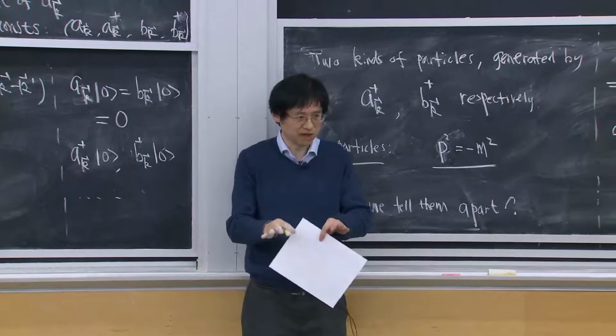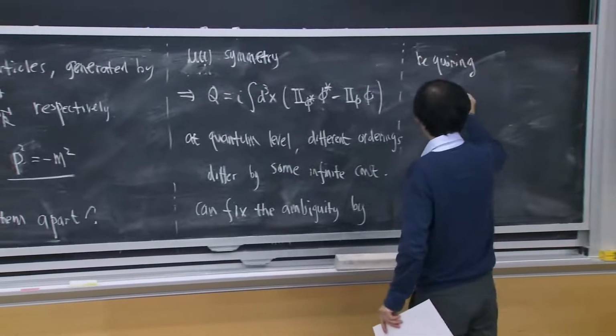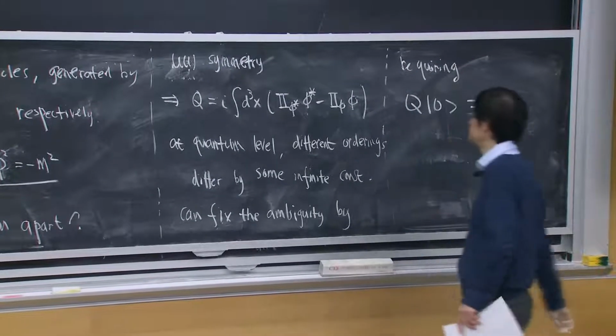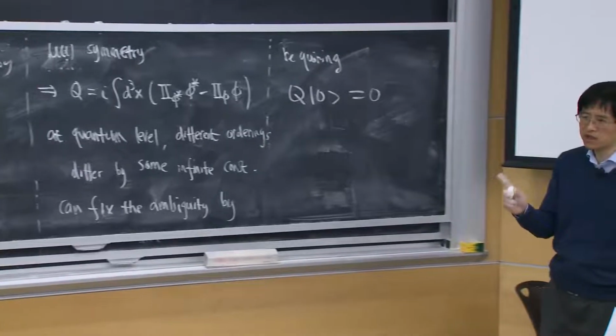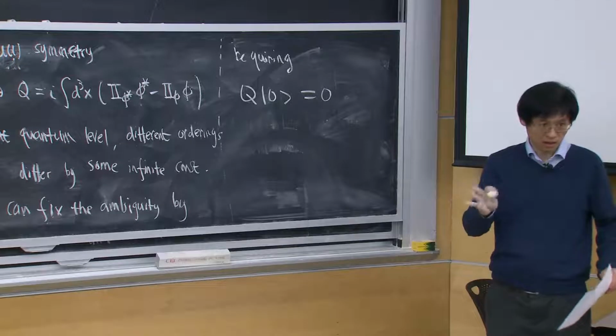It's a vacuum. Requiring the lowest energy state to have charge 0 uniquely fixes whatever infinite ordering constant.